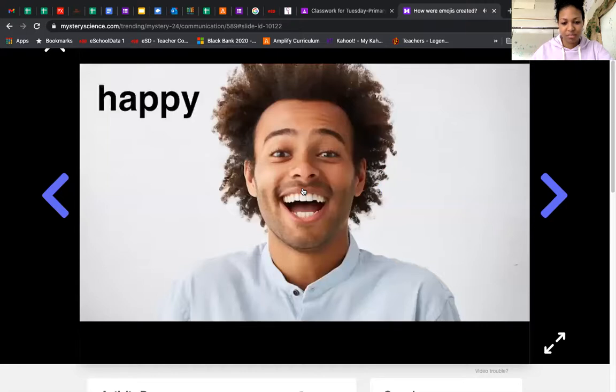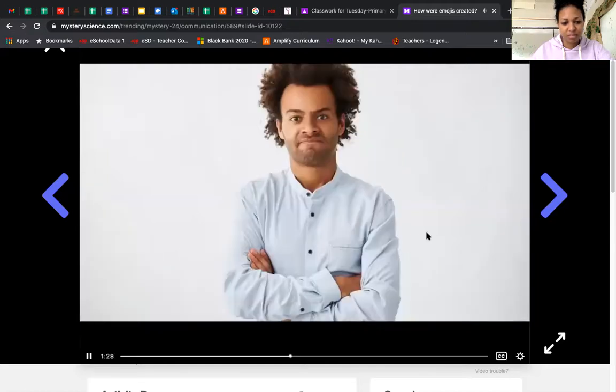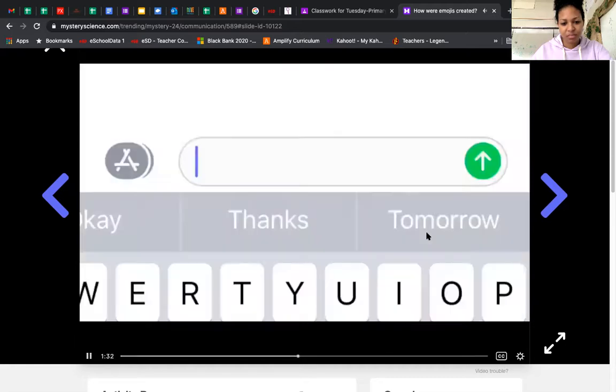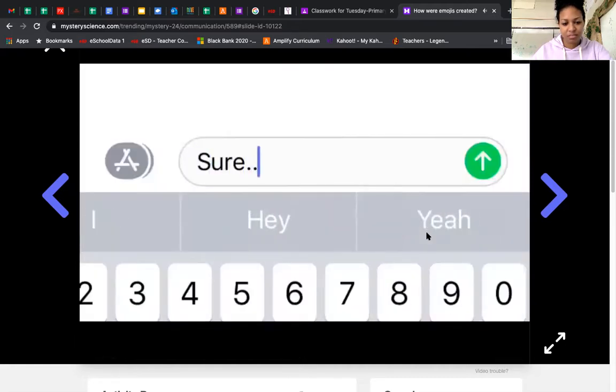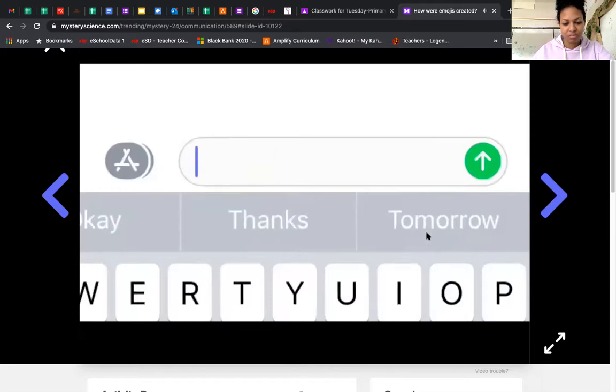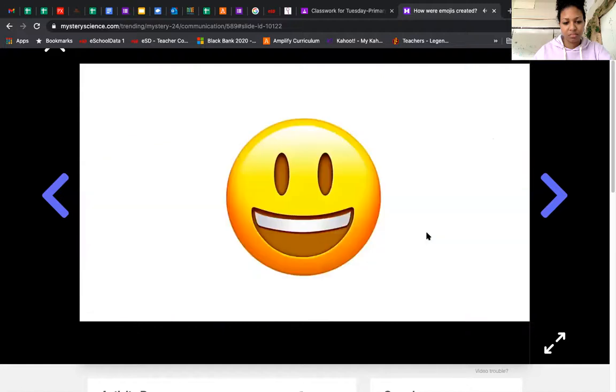You do things like smiling to show you're happy about something, or maybe doing this when you're nervous about something, or frowning like this when you're mad. But when you're writing or typing, the tone can get lost. When someone reads what you wrote, they might hear your words in their head with a totally different tone than what you meant. Emojis help solve this problem.